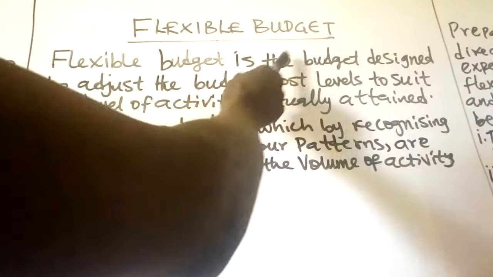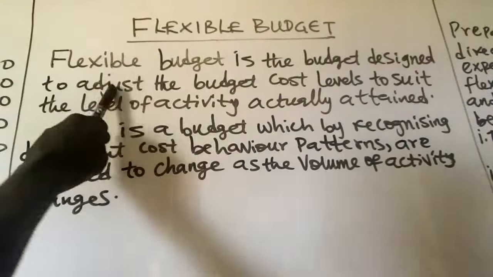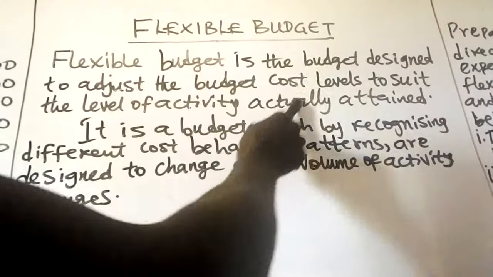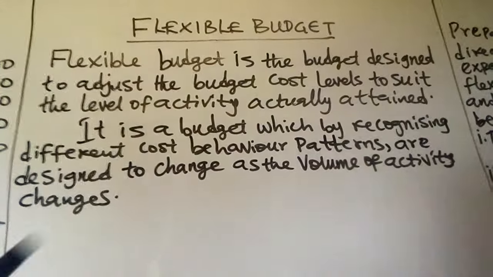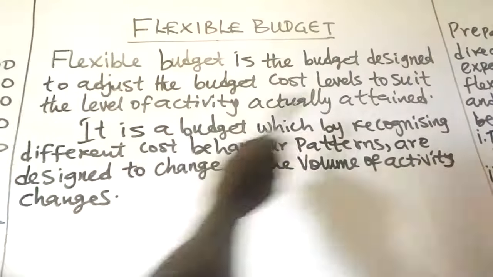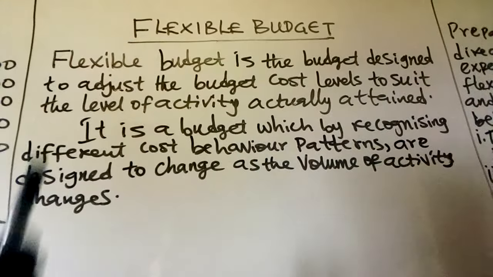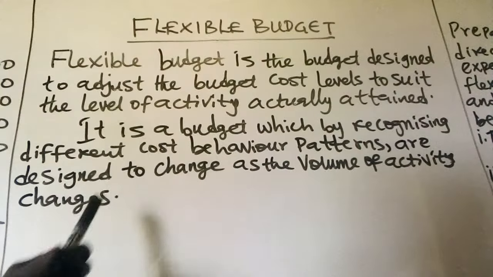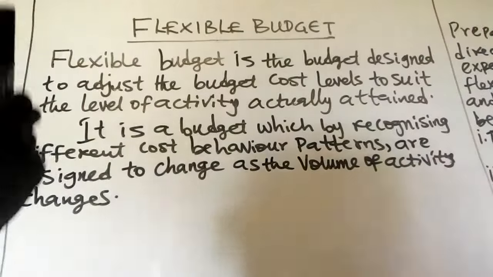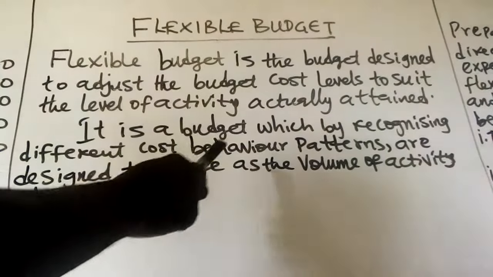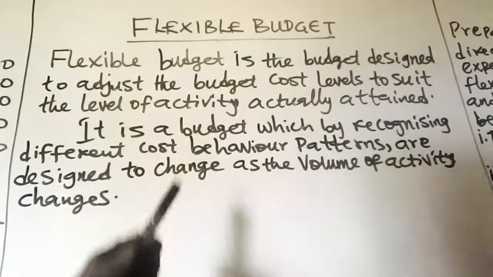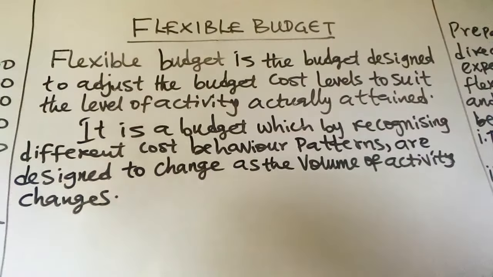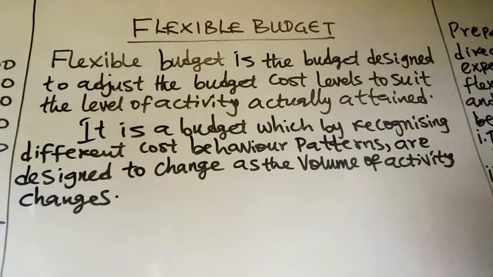It is a budget which, by recognizing different cost behavior patterns, is designed to change as the volume of activity changes. That is flexible budget.